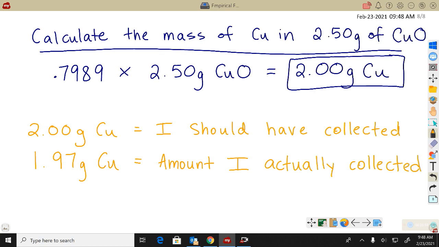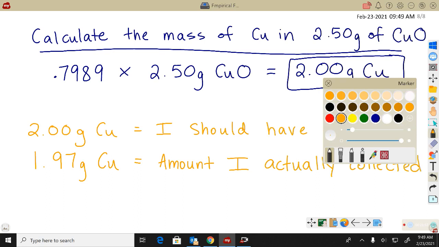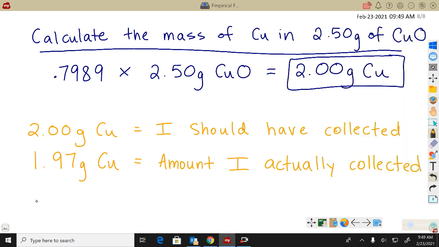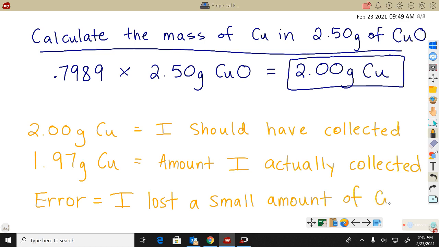Obviously, I lost a small amount of copper. I was supposed to get 2 grams, I had 1.97. But where might that copper have gone?